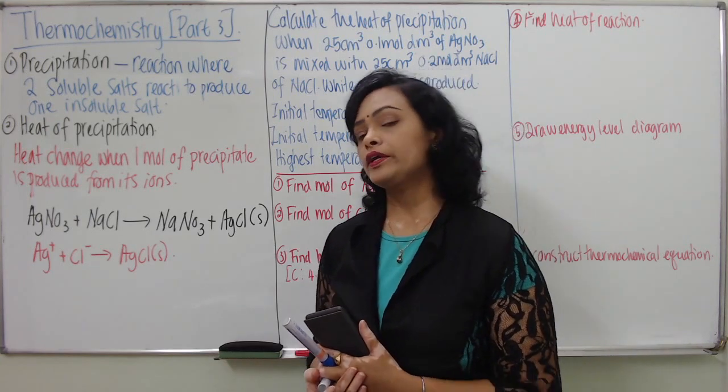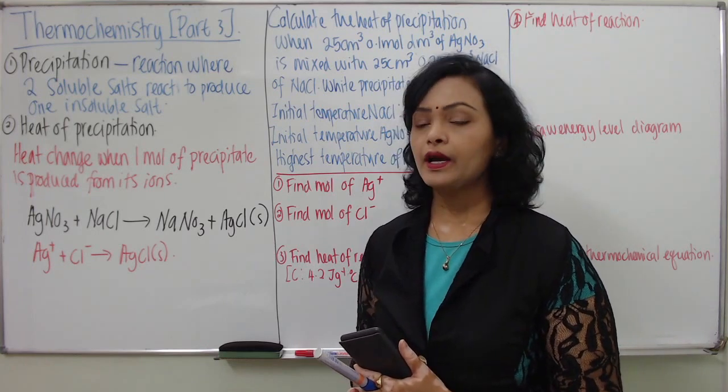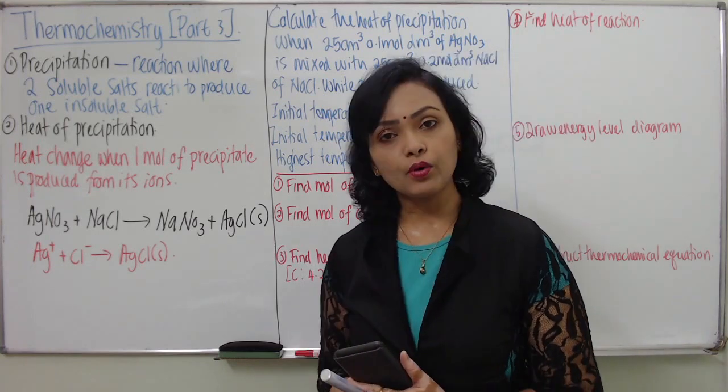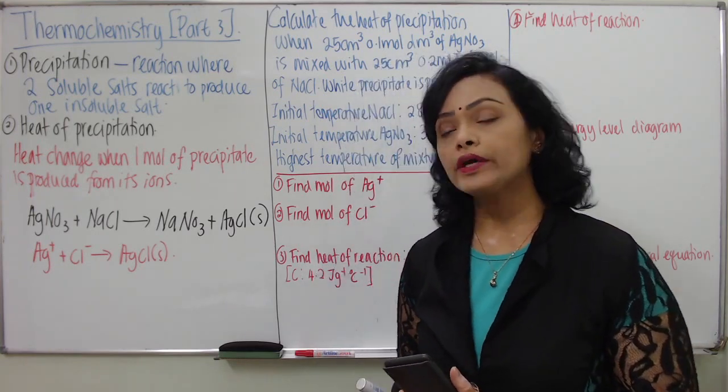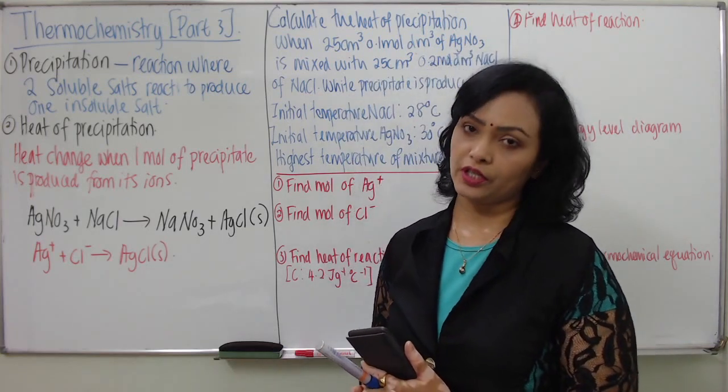So this reaction is called double decomposition reaction. Now, we are not here to discuss double decomposition reaction. But in this chapter, thermochemistry, we are going to discuss what is heat of precipitation.